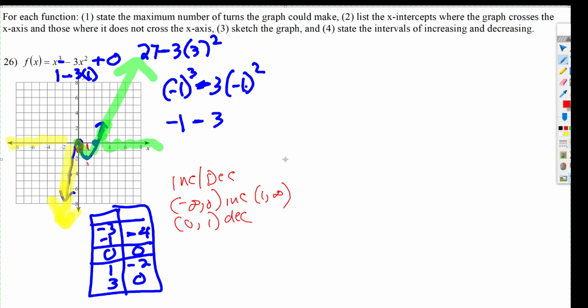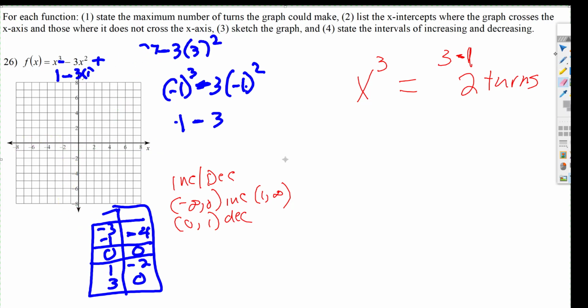All right? And it asks the number of turns. Well, that's an x cubed, and to find the number of turns, 3 subtract 1 will be 2 turns. And look, 1 turn, 2 turns. And you have to list where it does not cross the x-axis. Let me erase this so that you can see. Remember, there was a turn, so it did not cross.